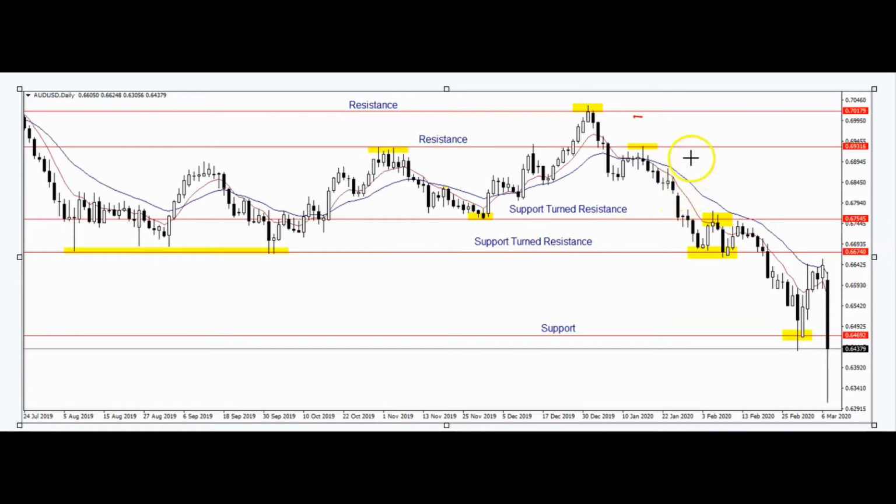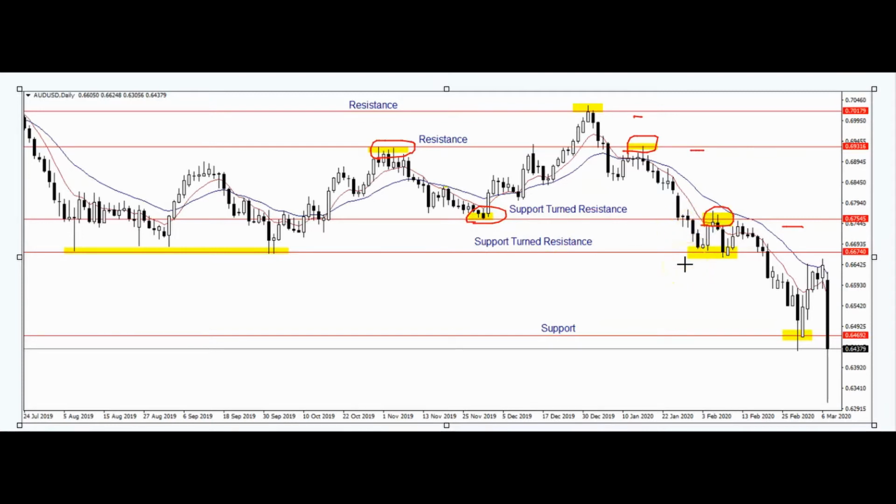We have resistance here at 69116 or thereabouts. Through these candles here, we have support turn resistance at 67545. Again, support turn resistance through these two bearish candles here.